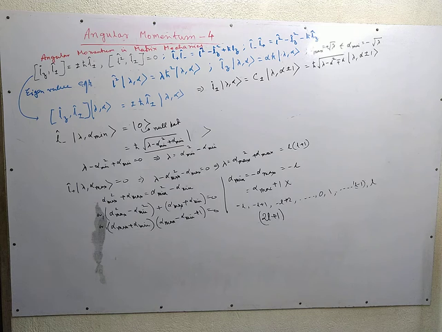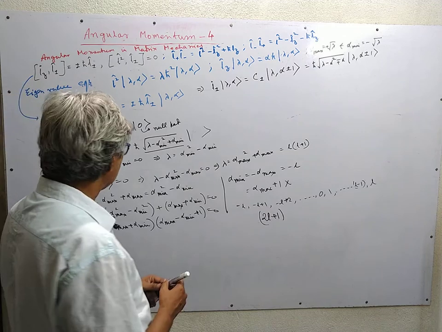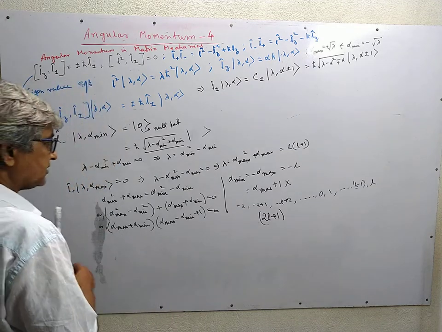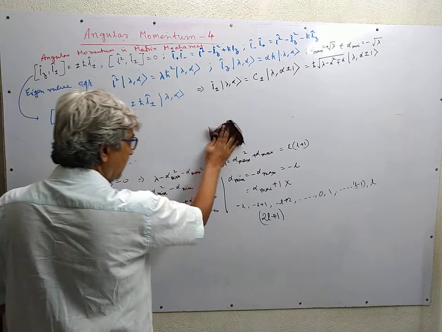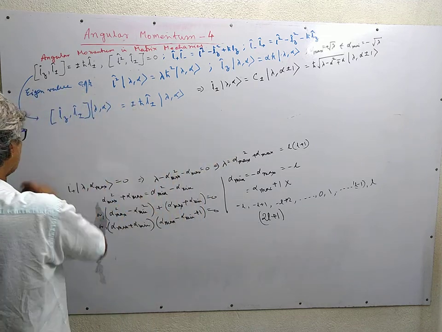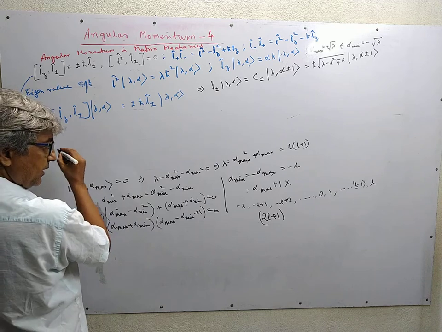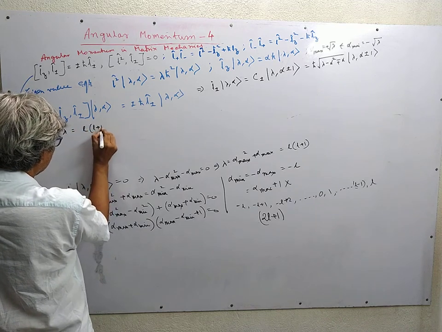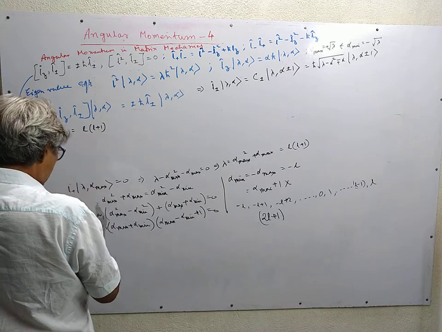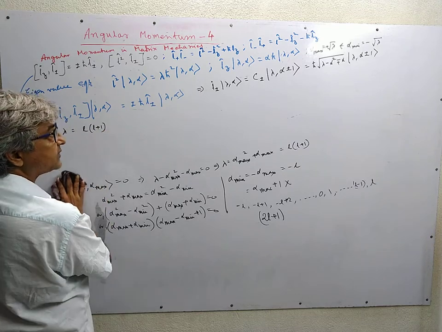In that case, we define a set of three quantities which satisfies the commutation relation. Let me first write this one and see that lambda can be written as L into L plus 1, with no clue about this.